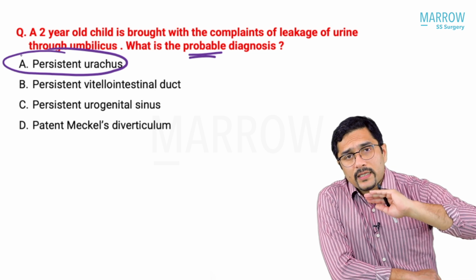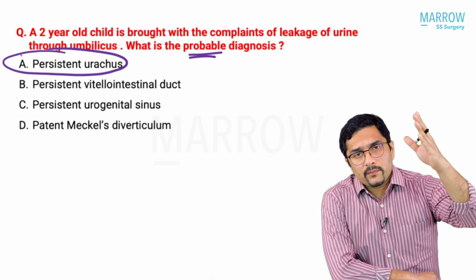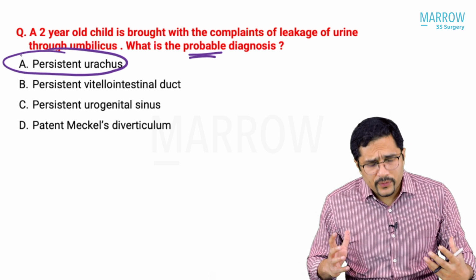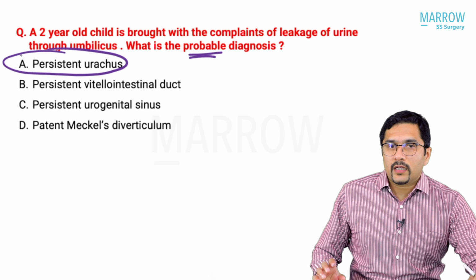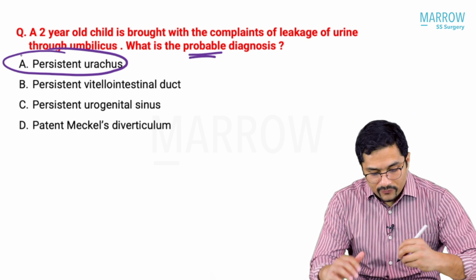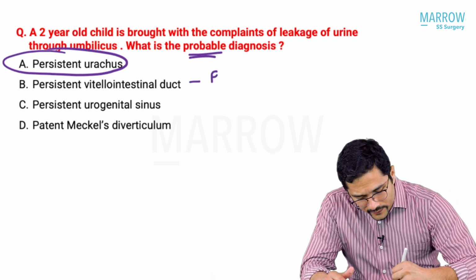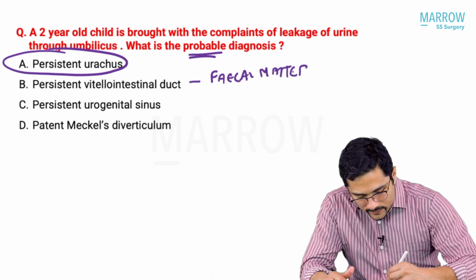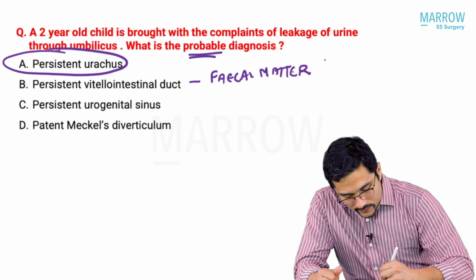Urachus is the one which is communicating between the bladder and the umbilicus, and this usually happens when the bladder is full. When there is pressure, then urine can come out through the umbilicus. If it was fecal matter through the umbilicus, then the answer would be persistent vitellointestinal duct.